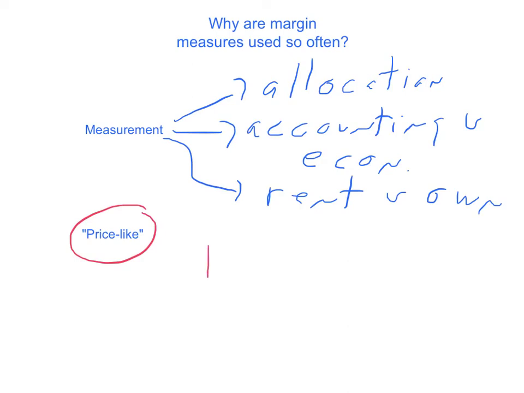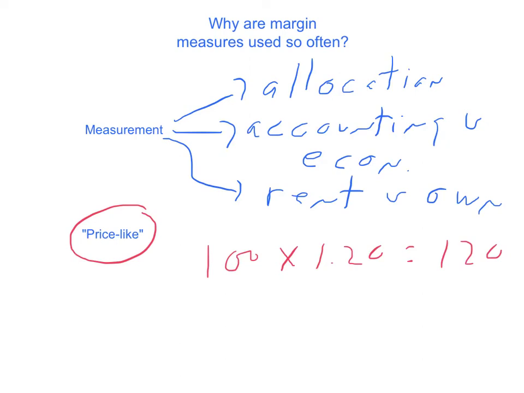Therefore, if I pay $100 for that product, I know that I need to multiply that times 1.2 and get a price of 120. That looks very price-like. Similarly, if I'm selling something for 100 and I know I need a margin of 20%, I know the most I can pay is around 80. Again, a very price-like type of measure.